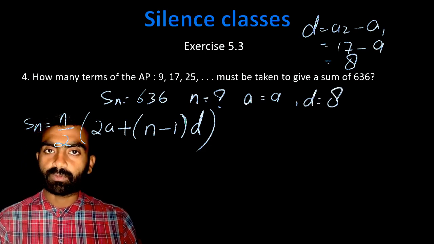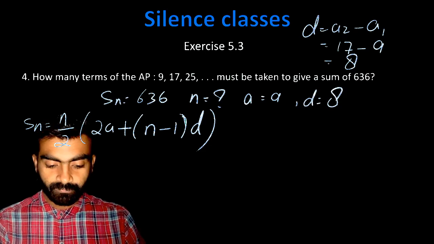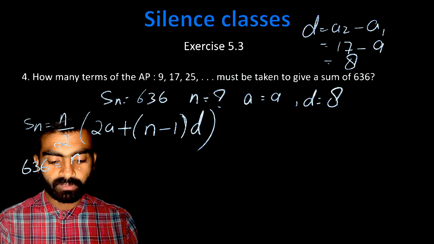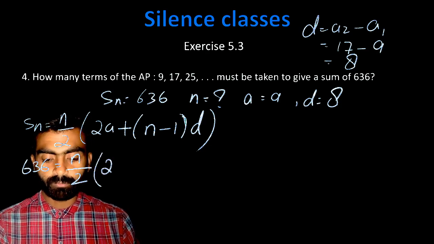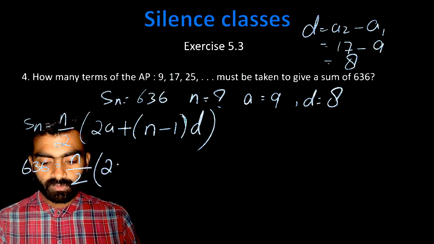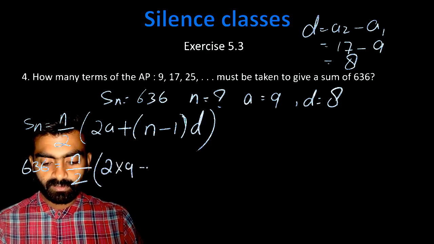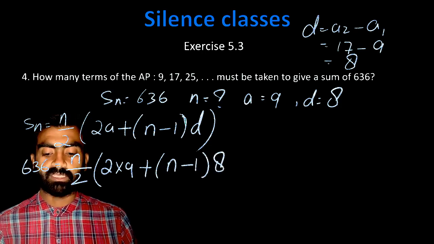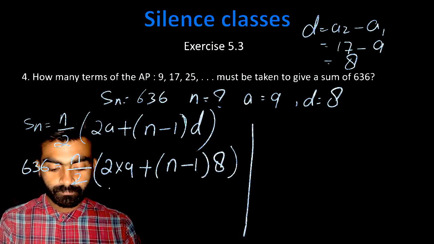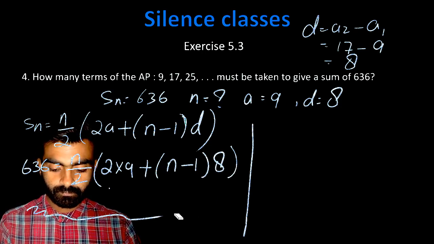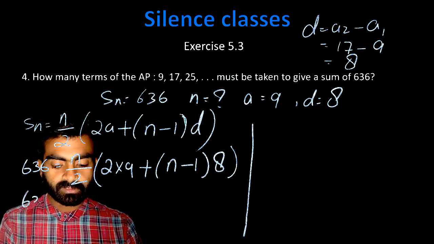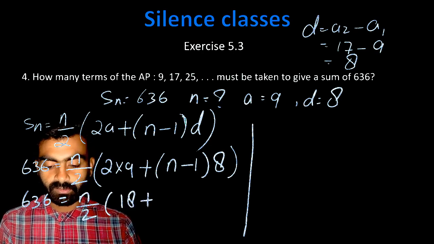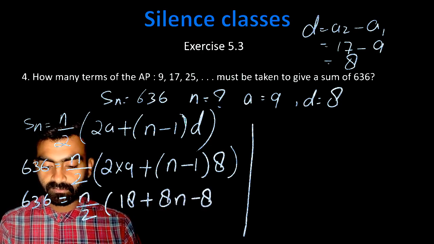Now we can put these values in the formula and find n. So Sn, which is 636, equals n upon 2 times 2a, that is 2 times 9, plus n minus 1 times d, which is 8. We get 636 equals n upon 2 times 18 plus 8n minus 8.